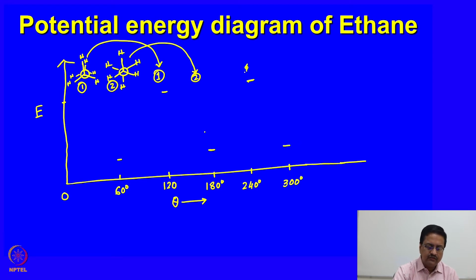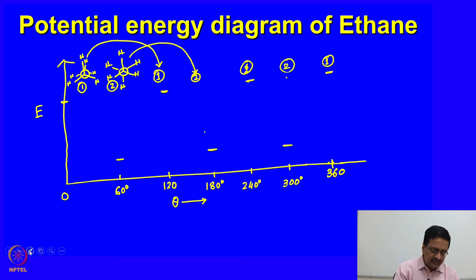So, here it is again 1, there it is 2. And then if you rotate the molecule by another 60 degrees and reach 360 degrees, we reach conformation 1 once again. So, these are the energy values for conformation 1, those are the energy values of conformation 2.